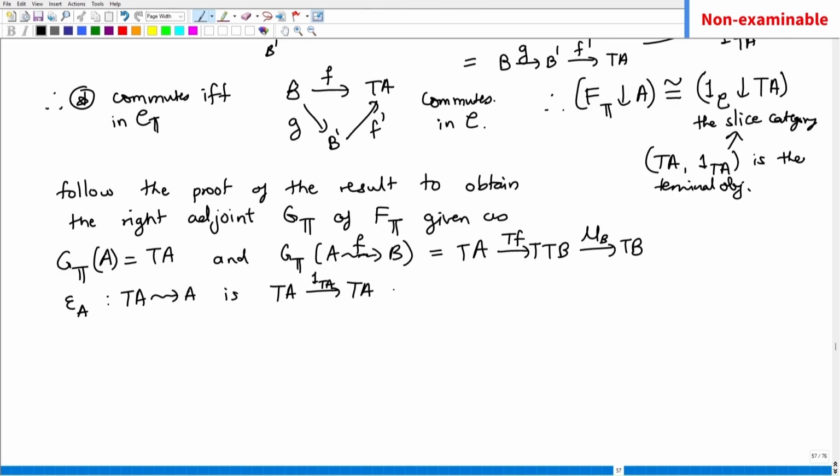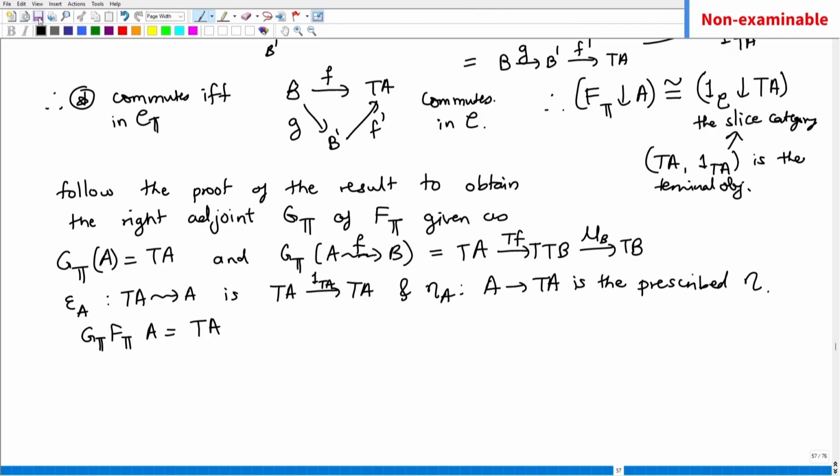This also you can verify very easily. Eta from A to TA, happening in category C, is the prescribed eta, as in the one that is given as part of the data of the monad. And GT FT of A is equal to TA, which means we are recovering the endofunctor correctly.